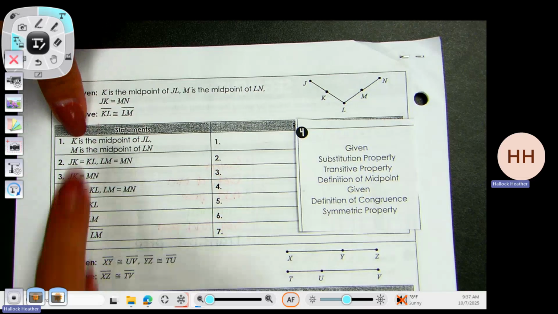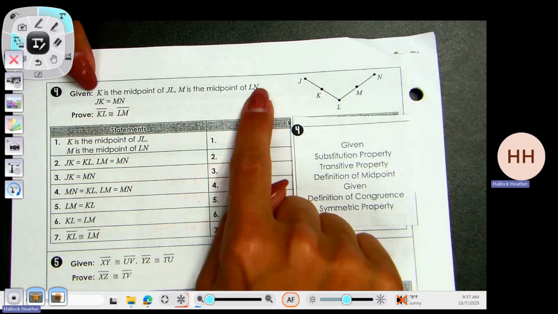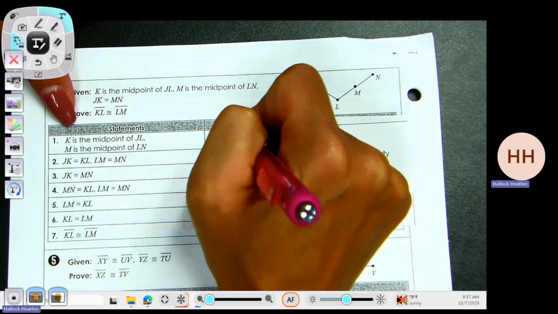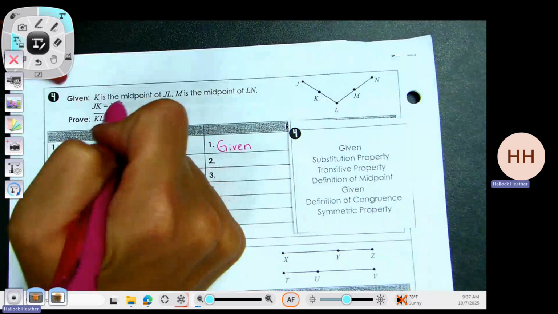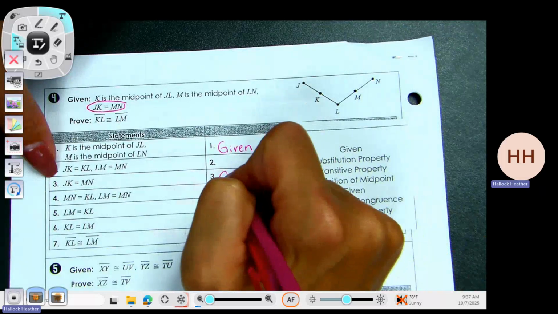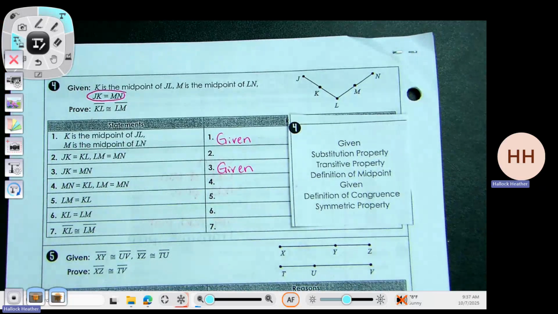This first sentence is the first, so that's given. Where else? 3, because it says JK equals MN, that is also given. So take a second, see if you can fill out the rest, because they split it up because there was so much given information.